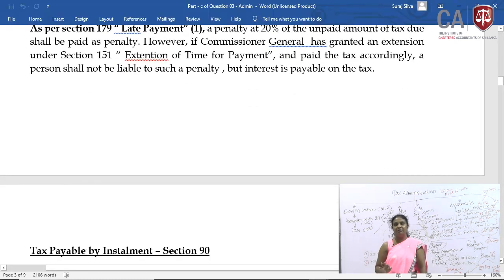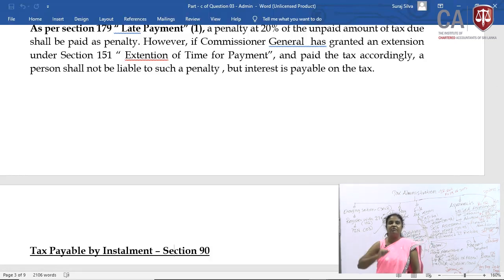For example, for rent, I am the owner of the property and have given my property for business purposes. Now, if the September 2019 rent is 50,000, the 10% withholding tax shall be deducted, which is 5,000, and that 5,000 I should remit to the Department of Inland Revenue on or before 15th October 2019. I think it's clear with the example.